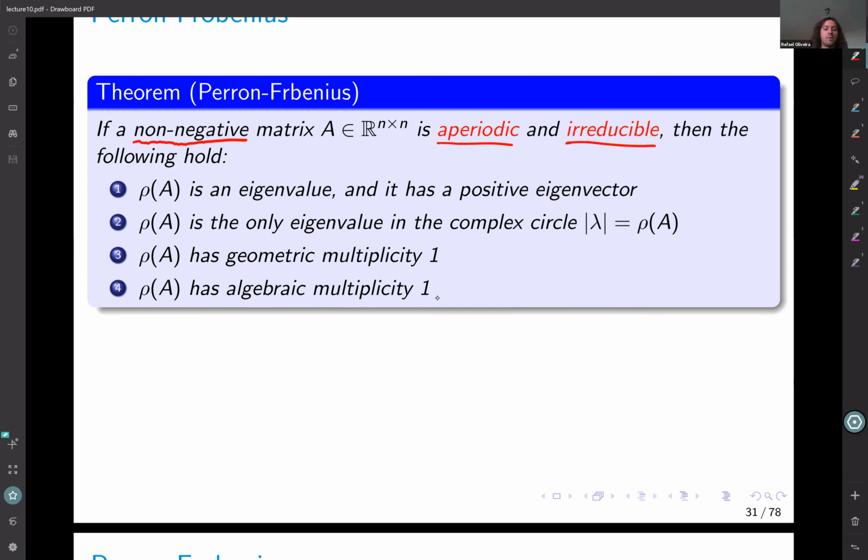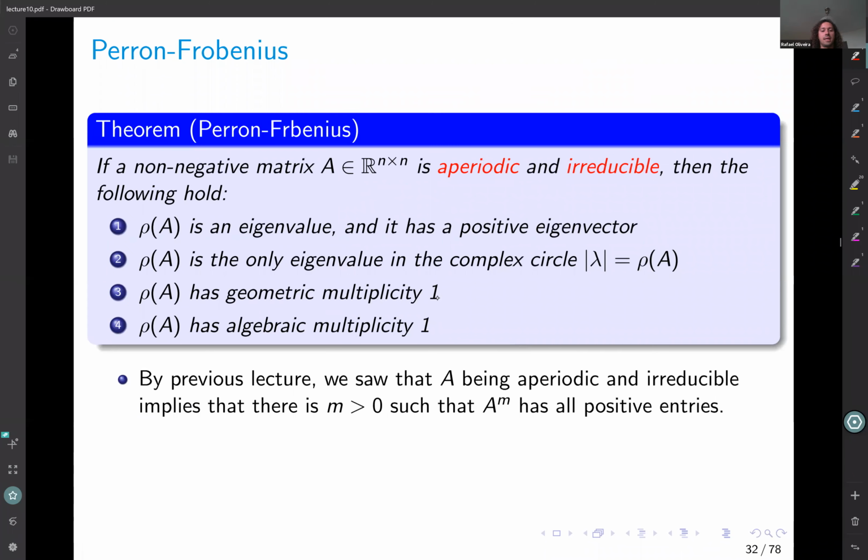If you remember from the previous lecture, we saw that a matrix A being aperiodic and irreducible implies that there exists a power m such that A to the power m has all positive entries. That was the lemma from previous class.